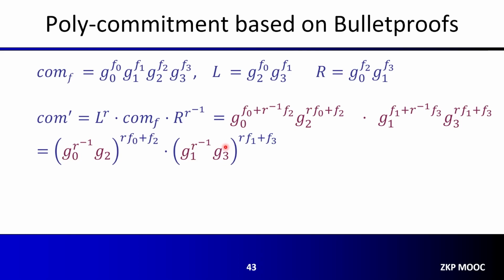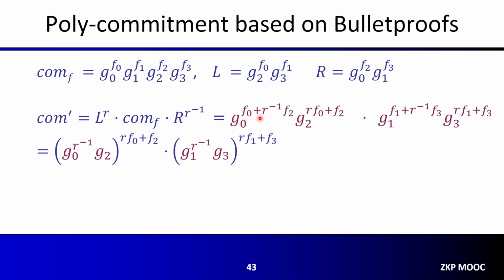So then with that, the interesting observation is we can actually extract a common factor from the exponent of G0 and G2. And this common factor happens to be R times F0 plus F2. Clearly, you have this factor in the exponent of G2, and so you end up with G2 in the parentheses. From the exponent of G0, if you extract this R inverse out, then the remaining term equals R times F0 plus F2.